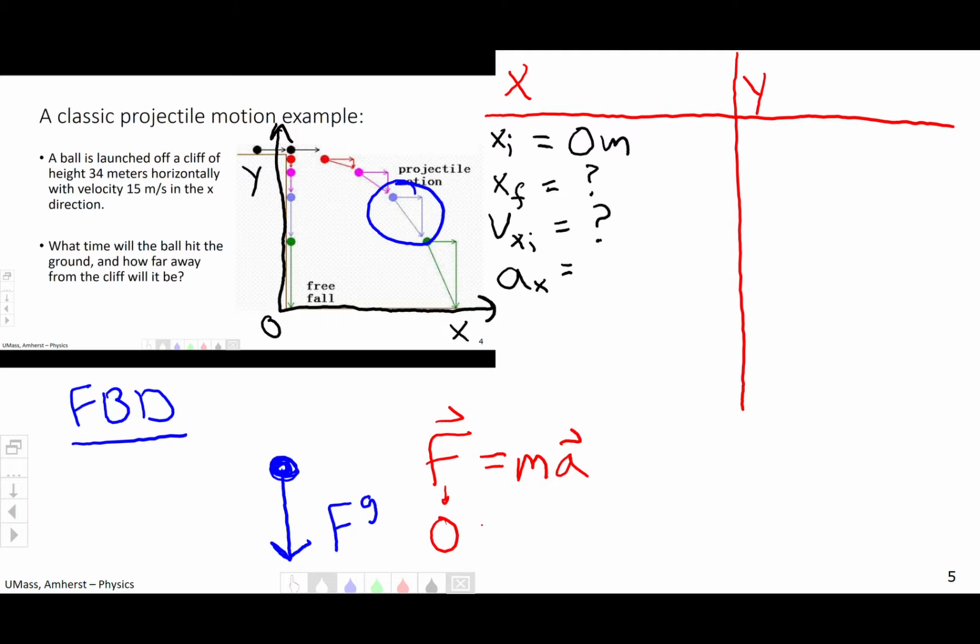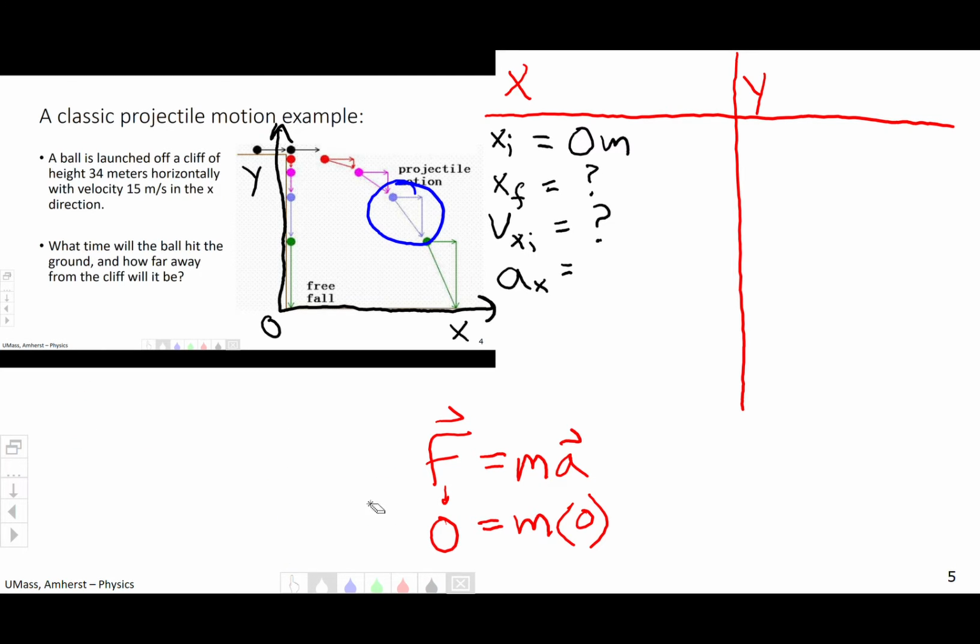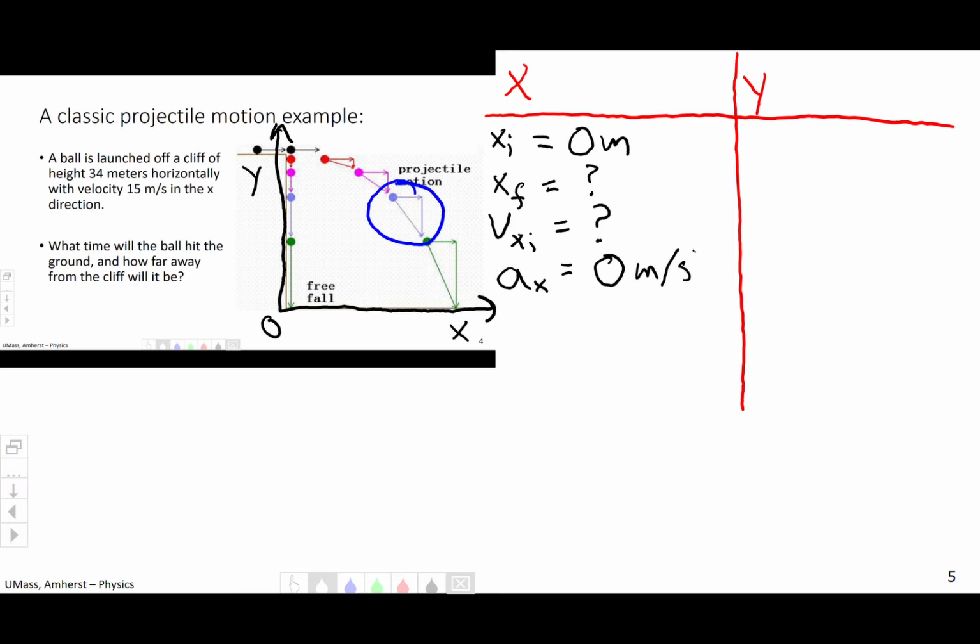If force is 0, then acceleration has to be 0. So if there are no forces in the x direction, the acceleration in the x direction has to also be 0. And that is the key thing to know about projectile motion: if nothing is given as a force in the x direction, there's no acceleration in the x direction. The time that it takes is unknown.